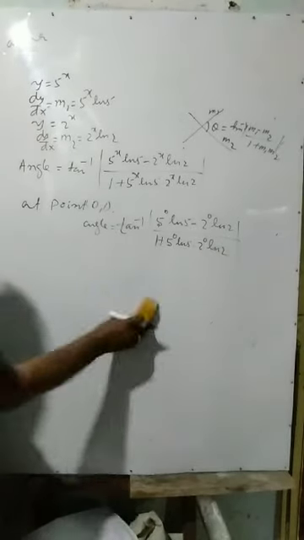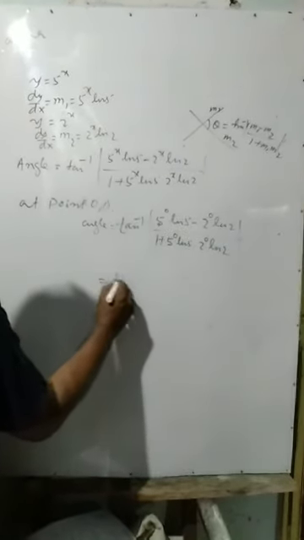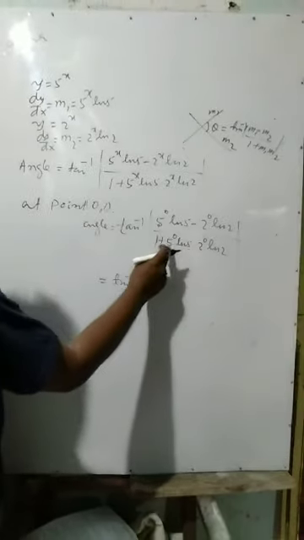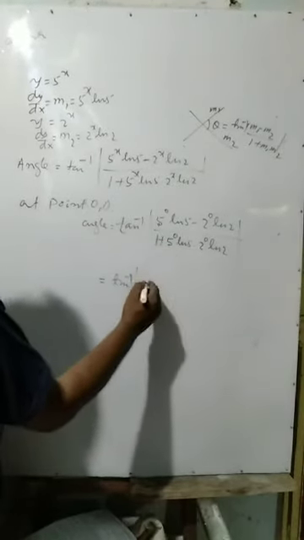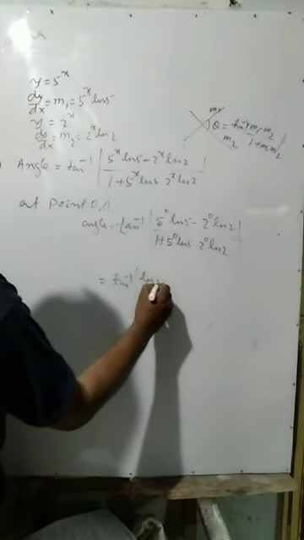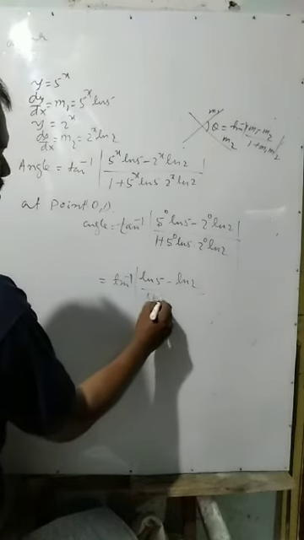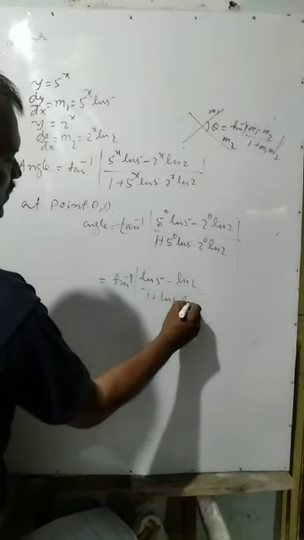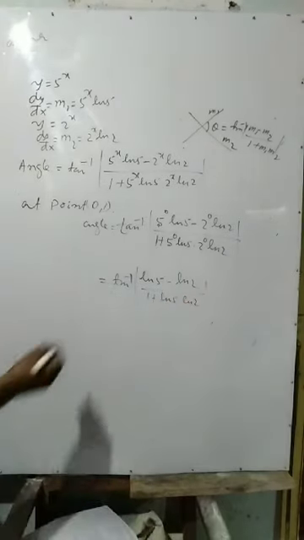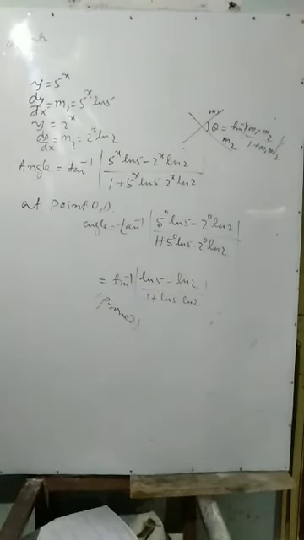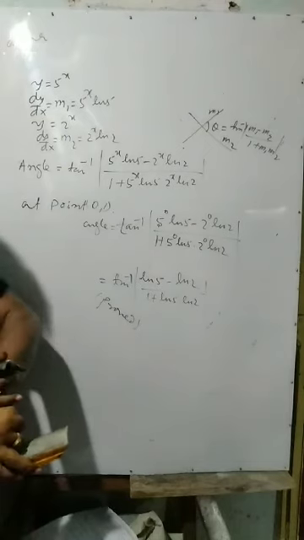This equals tan inverse, where 5 to the power 0 is 1 and 2 to the power 0 is 1. The remaining is (ln 5 minus ln 2) divided by (1 plus ln 5 into ln 2). This is proved: the angle between the two curves.